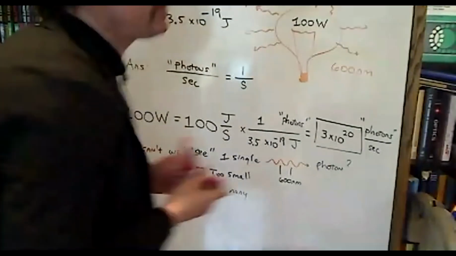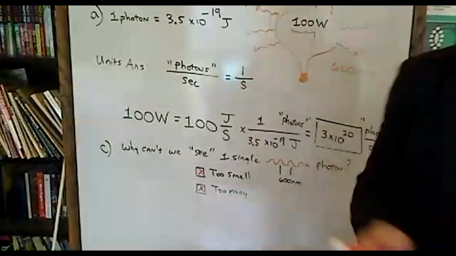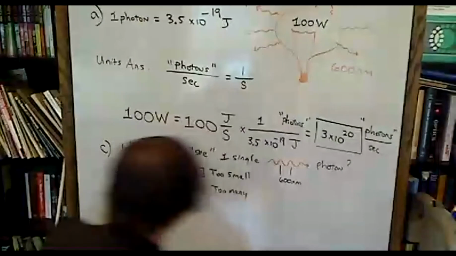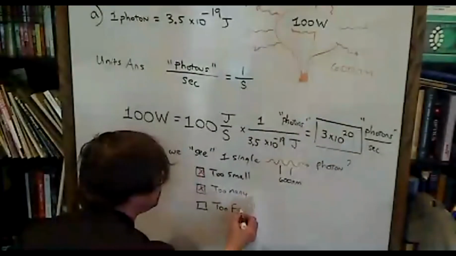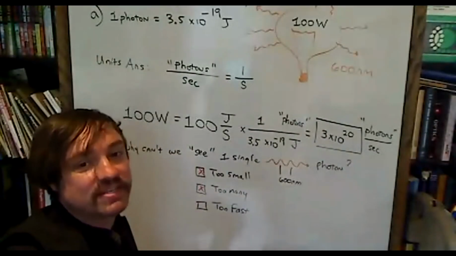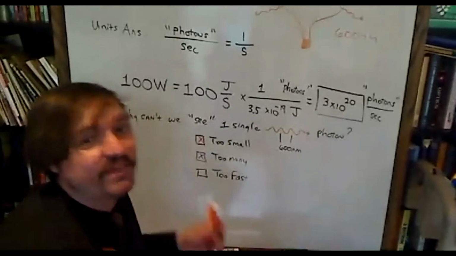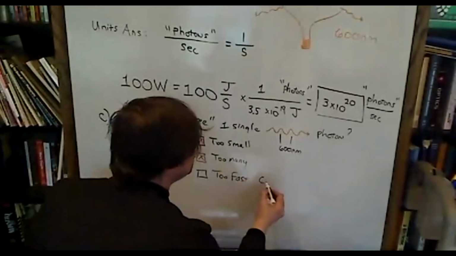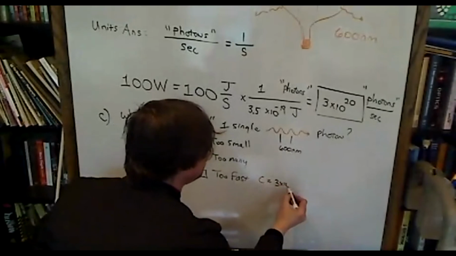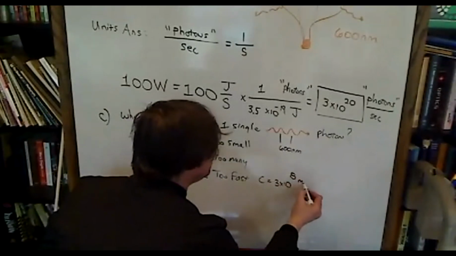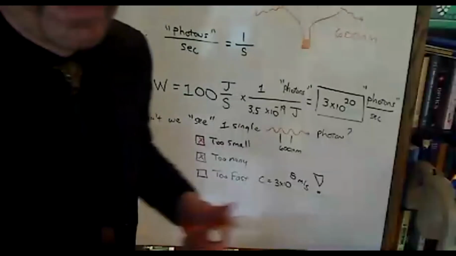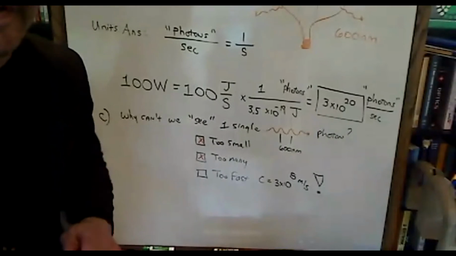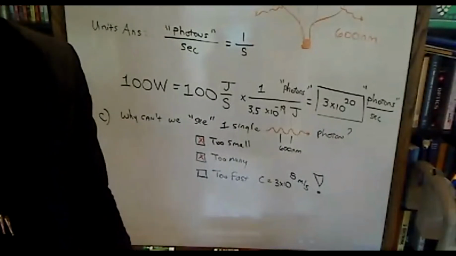I need another suggestion. Are they too fast? Let's try that one next. Okay, suppose we consider too fast. I agree that light is pretty fast. In fact, the speed of light is 3 times 10 to the 8 meters per second, and Einstein's theory of relativity tells us that this is the fastest speed allowable in nature. So yes, they're too fast.